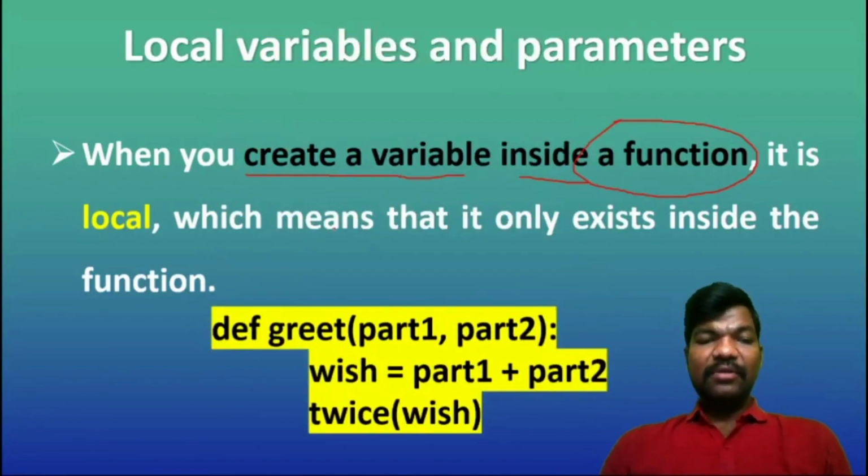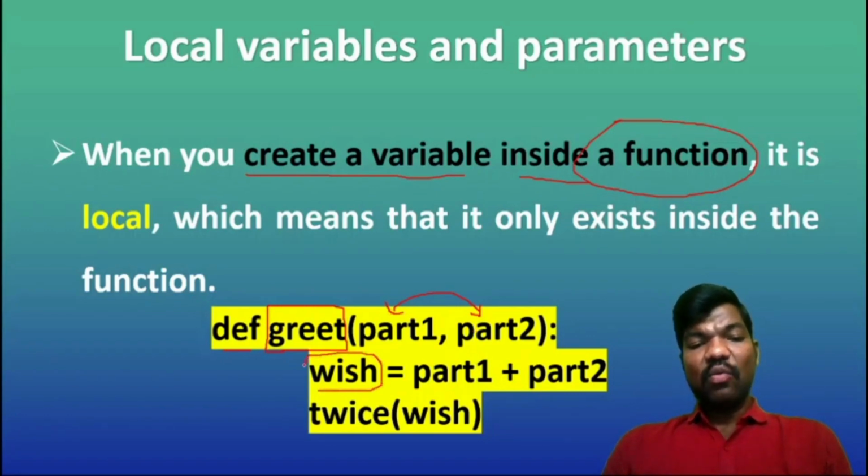Let's take one example. Here greet is the function. What is the function name here? Greet. How many arguments here? 2 arguments, part 1 and part 2. Wish is a variable inside the function.